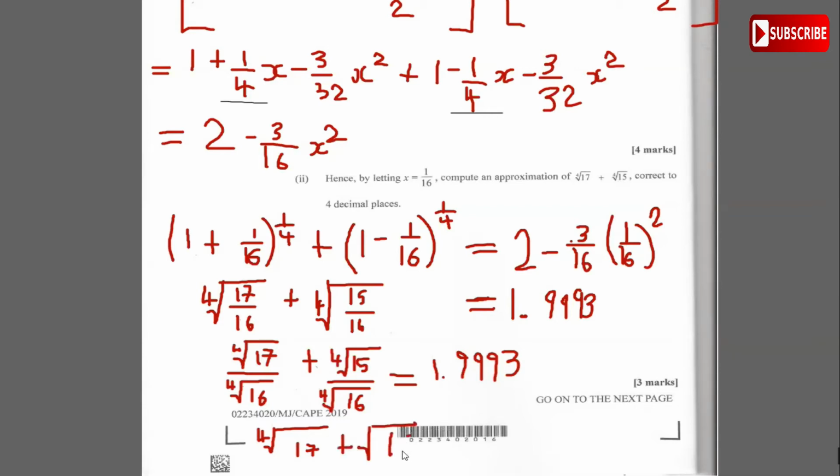That's going to be equal to 2 times this. 1.9993 times 2, 3.9986. That's the final answer. Nice and easy, soft.